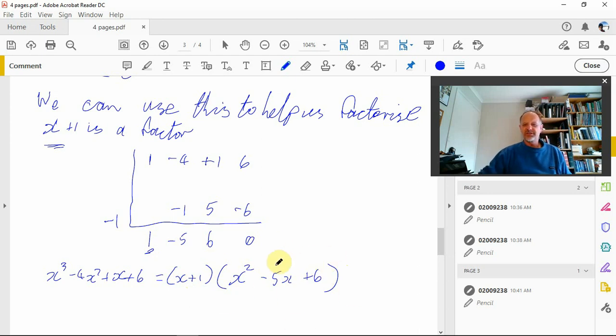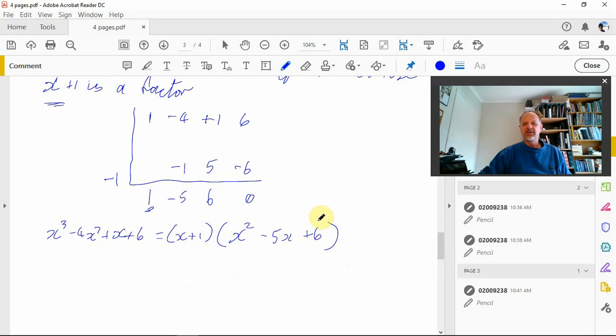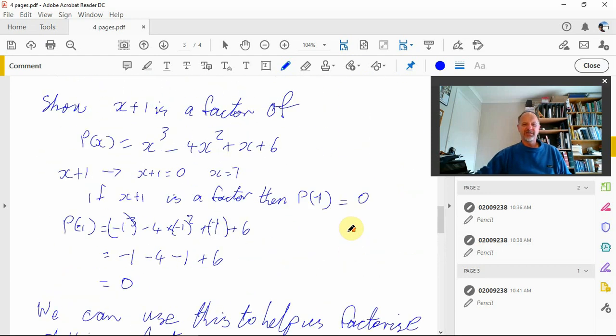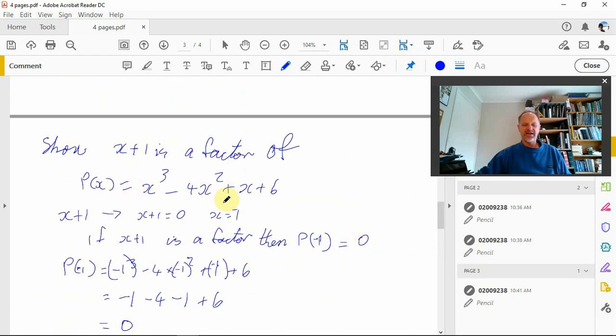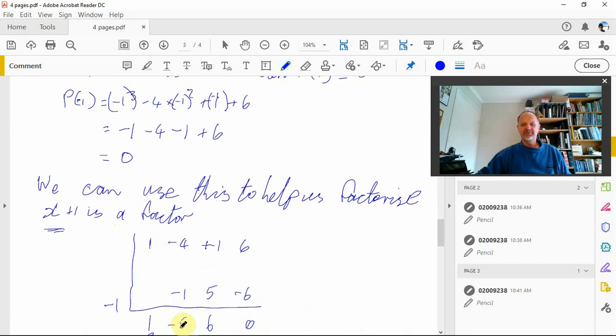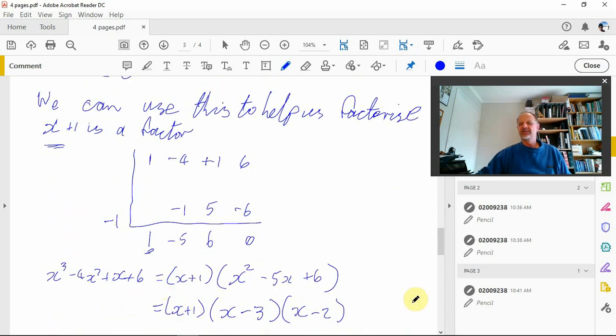Now we've reduced this to a quadratic, and for this quadratic we need two numbers that multiply to give 6 and add to give minus 5. I reckon it's minus 3 and minus 2. And so there it is. Even though we weren't asked, we were just asked to show x plus 1 as a factor of that, we can then continue and go further and fully factorise it.